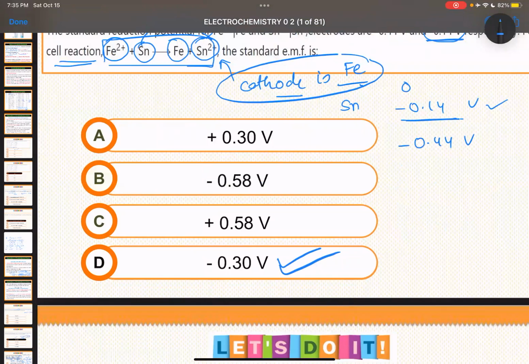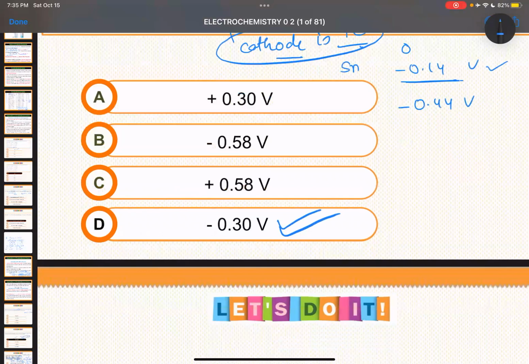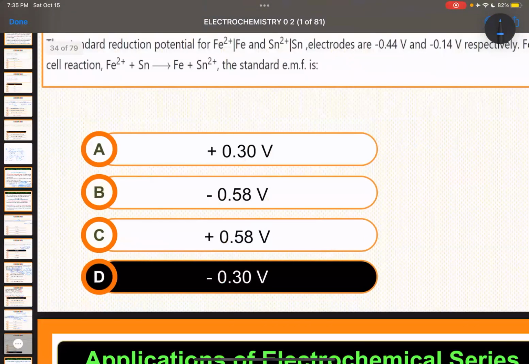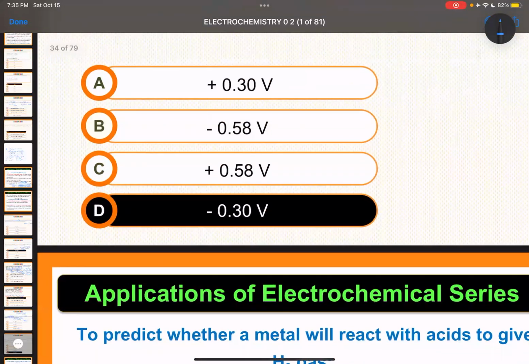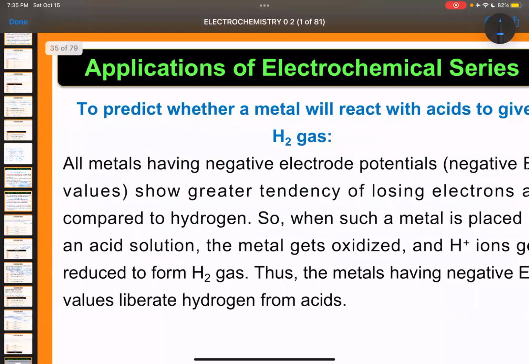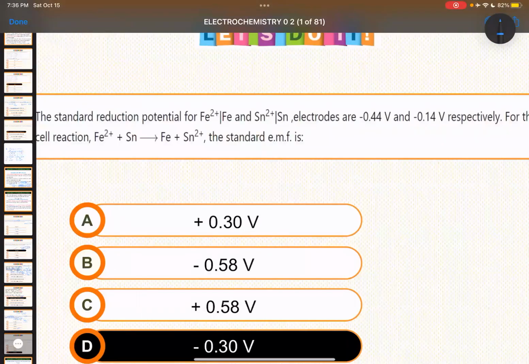So the cell is not going to work actually, right? I hope this is clear. If the values are given, you will yourself take the cathode and anode, so your decision was correct. But if the equation is given, look at the equation very carefully and check who is the cathode and who is the anode.